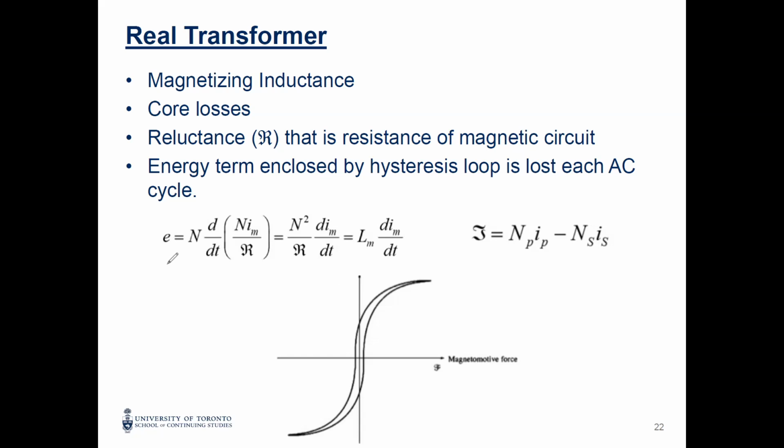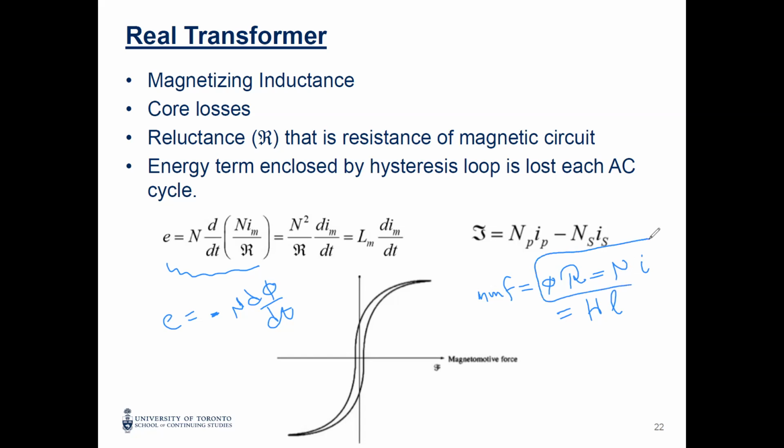You know this equation. I can write down the real one. It's minus N dφ by dt, the Faraday's, and this is the Lenz from the introduction. From the magnetic circuit, the MMF equals φ times the reluctance, equals N times I, number of turns times the current, equals H times L. From this equation, I need that the flux equals N times I over the reluctance.